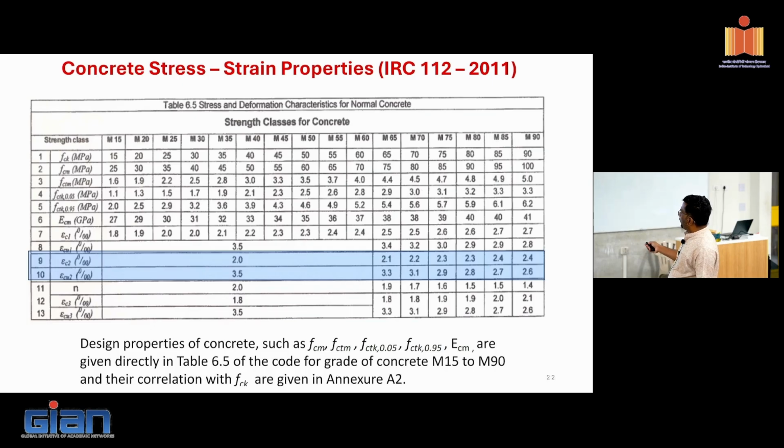So for example, you see M90, the peak strain is 0.0024. But if you look at the failure strain, ultimate strain, it is only 0.0026. So if you see the difference, like what we talked about, the difference between the ultimate strain and peak strain is going to be lower when you go for high strength concrete. So that is what the code is also capturing, right?